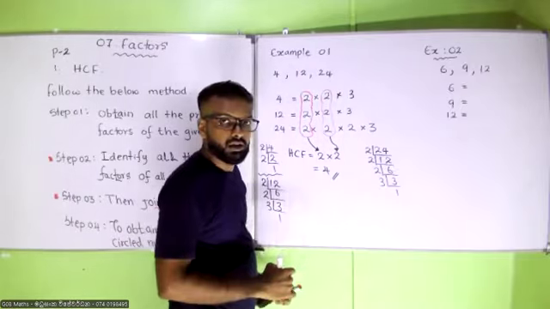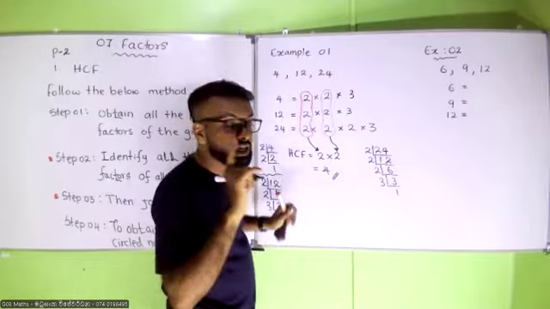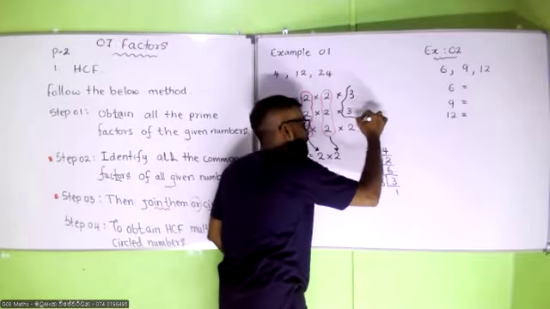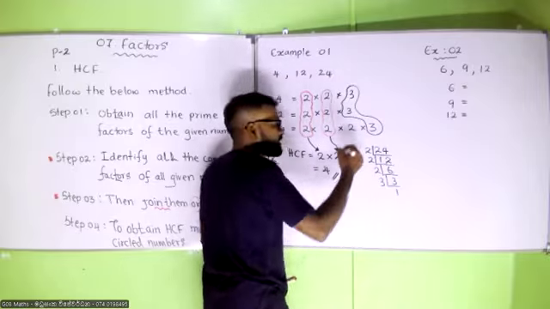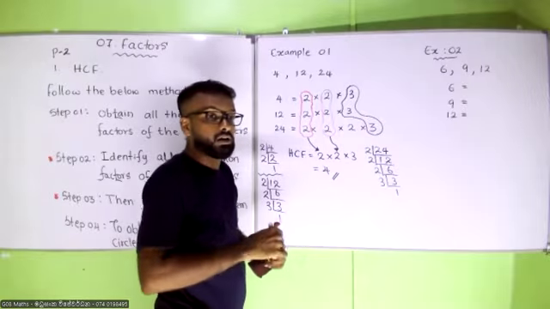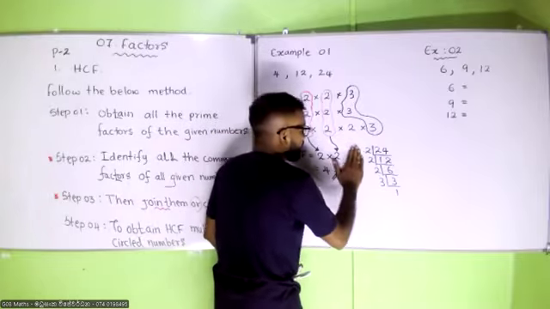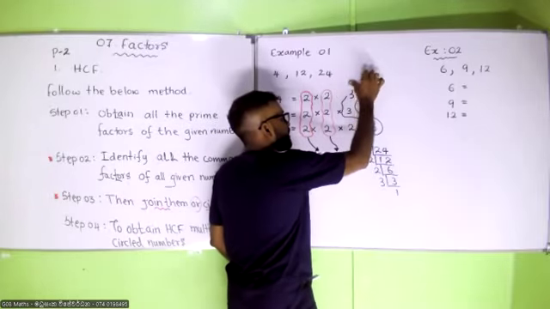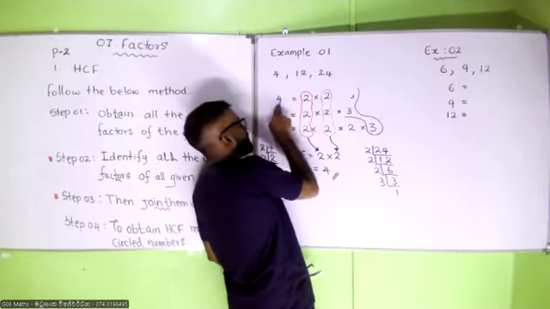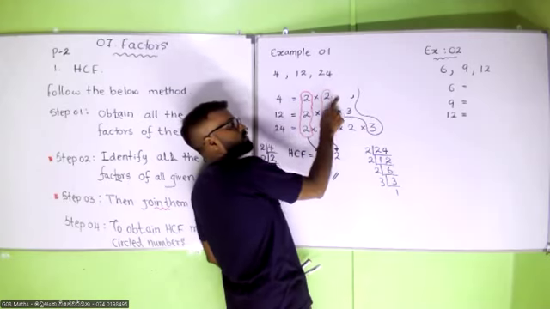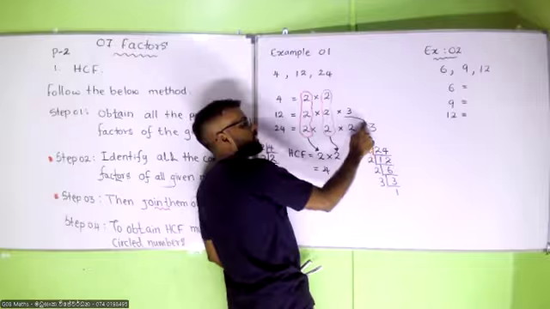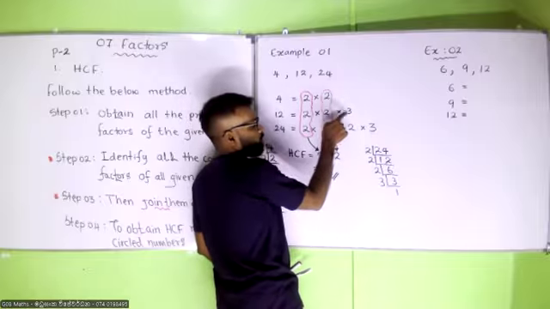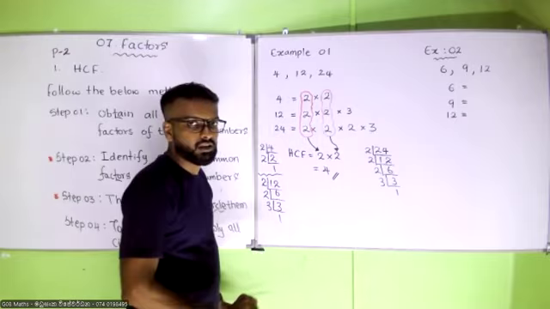Then we could circle them, 3 would be a common factor, and I would multiply by 3. But right now we cannot do that, because number 3 is not included in number 4. We can't take it.